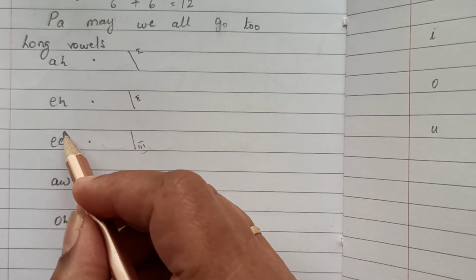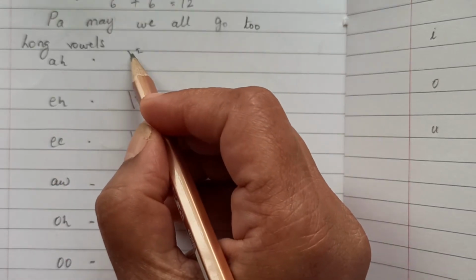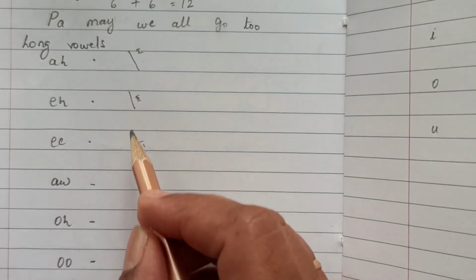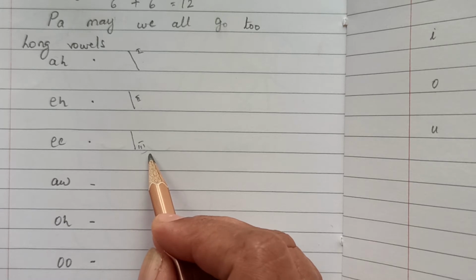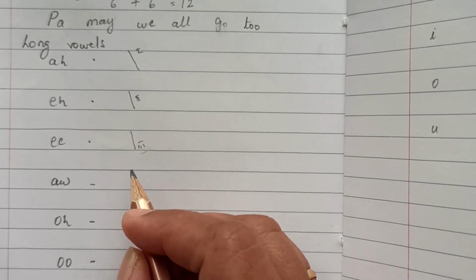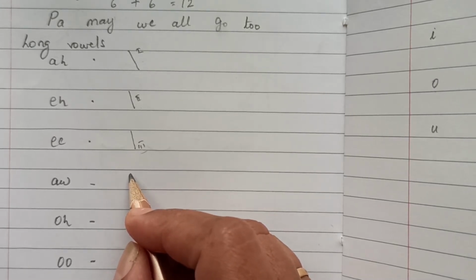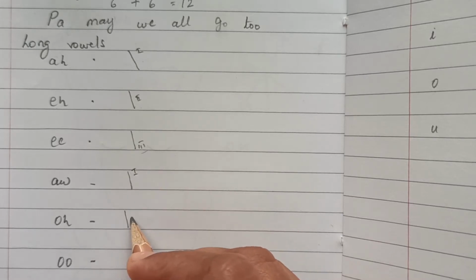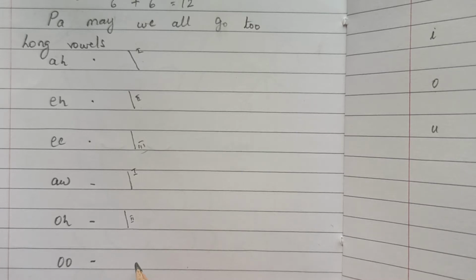So first place, second place A, and third place vowel will be E. And the other 3 vowels, the dash vowels, can also be represented in the same way as first place, second place, and the third place. This is for the straight strokes.